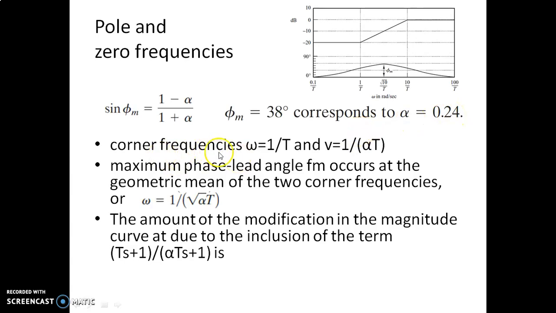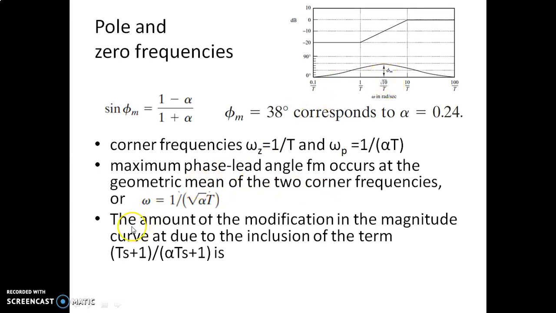The corner frequencies of the zero and pole happen to be at 1 over T, and this is omega z, this is omega p. Let me slightly change this. This is the zero frequency and this is the pole frequency, and we know that the maximum phase occurs at a frequency which is exactly the geometric mean of the two corner frequencies, which is omega m, phi m.